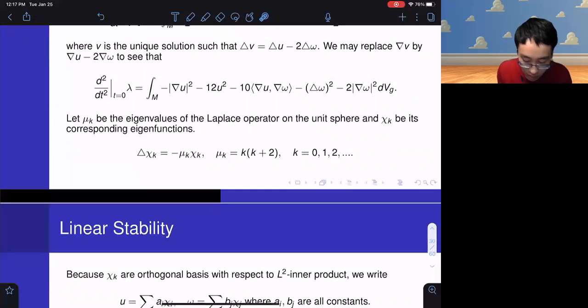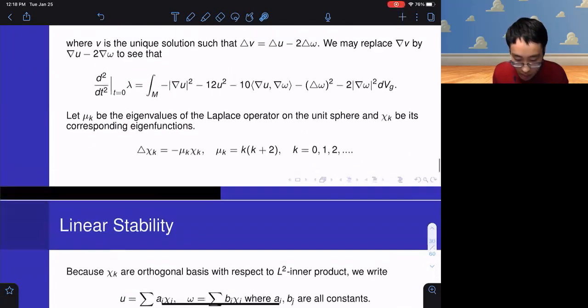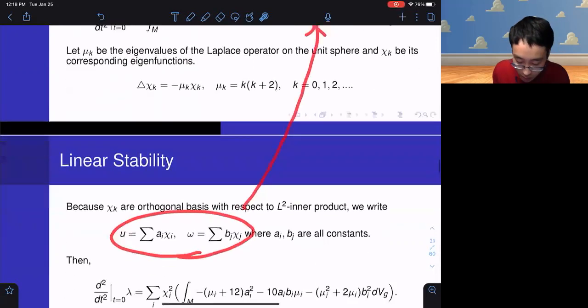Then we can expand our u and omega in terms of the eigenfunctions. So we may write u to be the sum of ai chi i, and omega to be the sum of bj chi j.